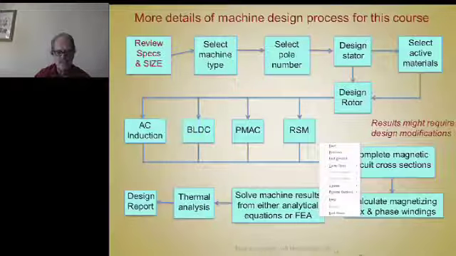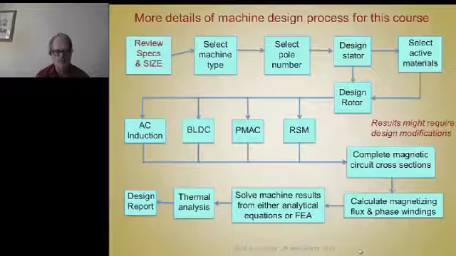And then, of course, the next thing you do is solve for the machine performance results, and there are two ways to do that: by old classical time-proven equations, and you can speed that process up by using Excel or spreadsheets to semi-automate the use of those analytical equations, or you can buy software programs that have done that.